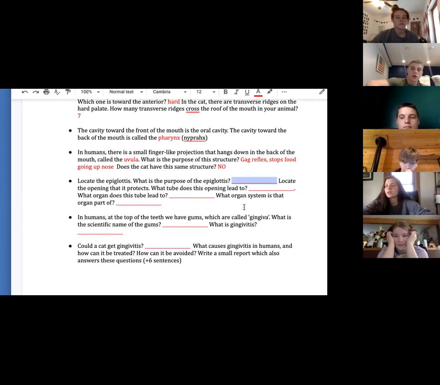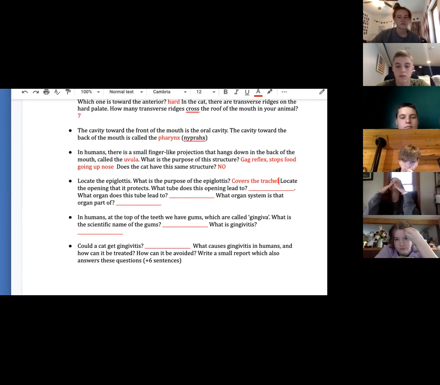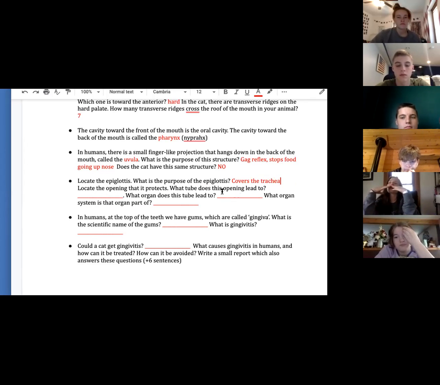Okay, locate the epiglottis. What's the purpose of the epiglottis? It prevents food from going down into your larynx. Okay. Or trachea? Yeah. Okay, the tube leads to the what? What does the trachea lead to?